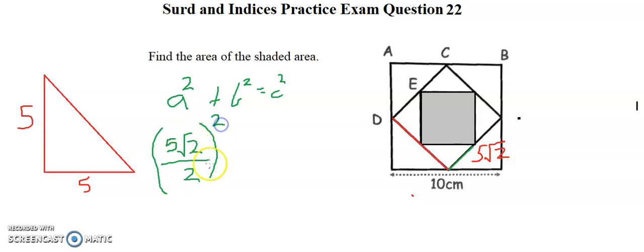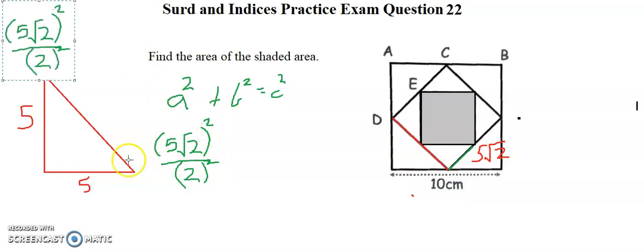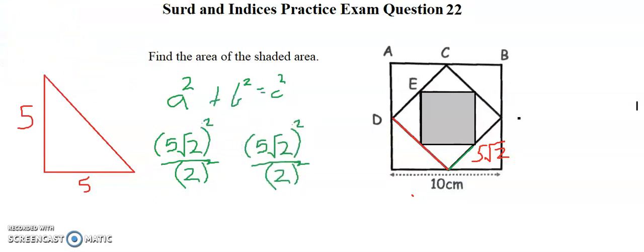Because it's being squared, the top is being squared and the denominator is being squared. So I can rewrite that as the top squared and my denominator squared, plus the same thing is equal to c squared.